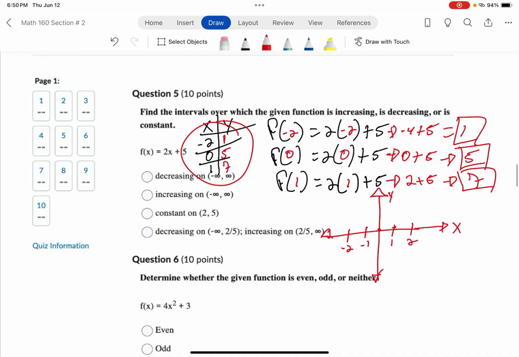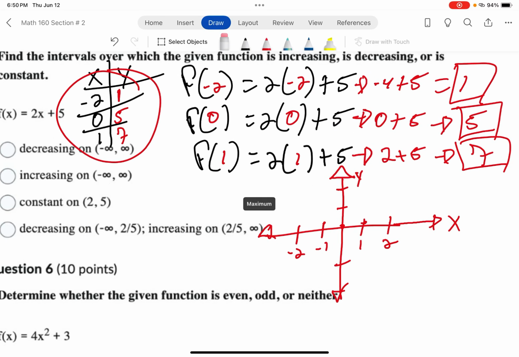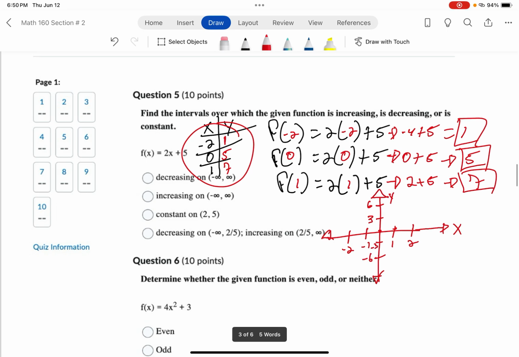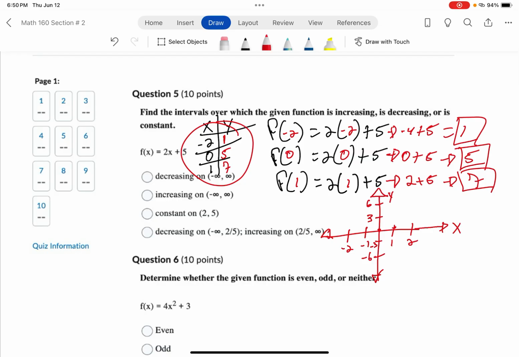Here 1 and here 2. Then for the y, I will make divisions here, 2 more on each side, dividing the graph by 3s: 3, then 6, and here minus 3 and then minus 6. So with those numbers I can build the graph.